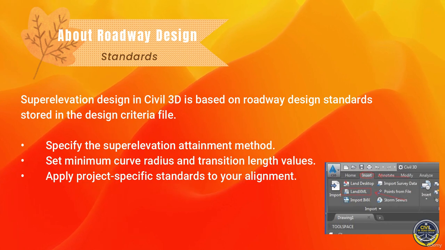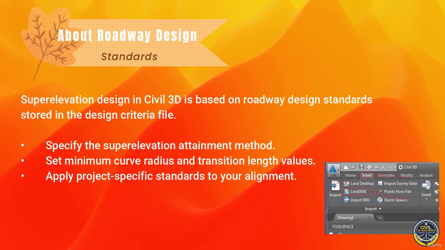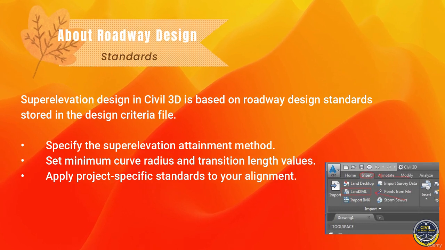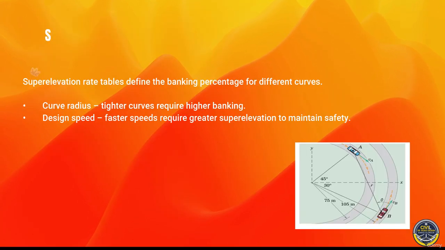The design criteria file is XML-based and stores standard tables and formulas for calculating superelevation rates and critical stations along a curve. You can customize this file to reflect local design standards using the Design Criteria Editor.